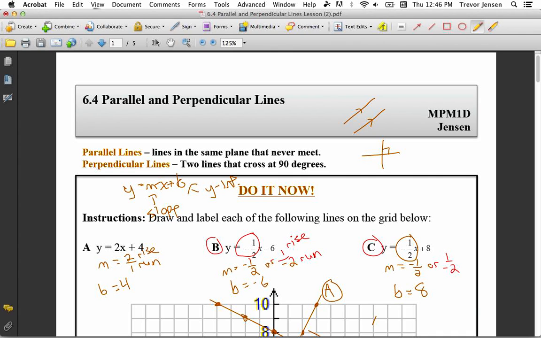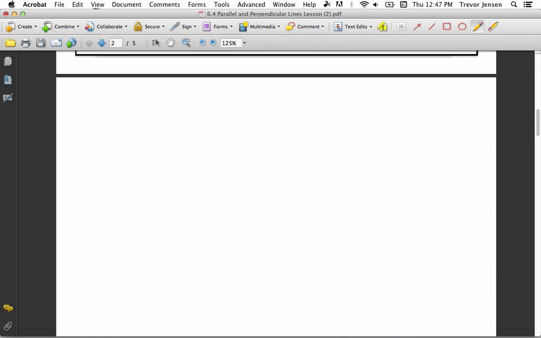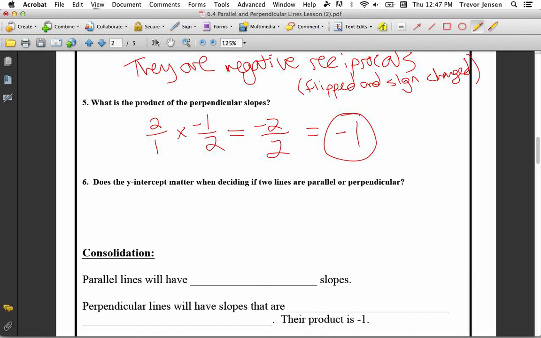If the slopes are negative reciprocals of each other, as in the slopes of A and B, or A and C, then we have perpendicular lines. The y-intercepts don't matter. That's not going to affect the slope of the line at all. It's just going to affect where it crosses the y-axis. So for number 6, no, it doesn't matter.